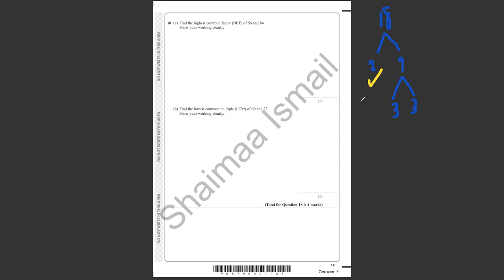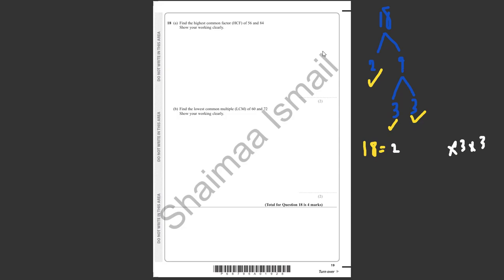So it will be 3 and 3, and both are primes. It's time to write the numbers. So we say that 18 will equal to, as we said, we leave space. It is equal to 2, and leave a big space, multiply by 3, multiply by 3.